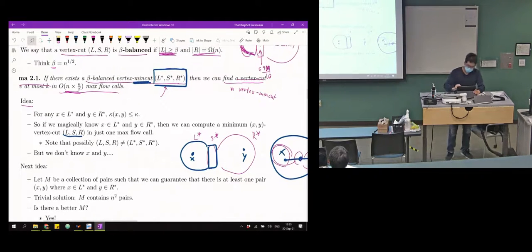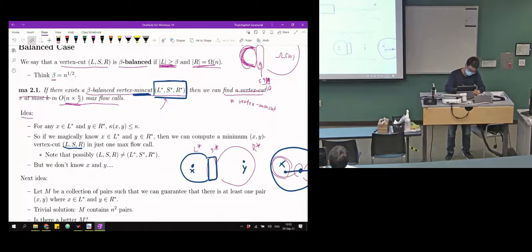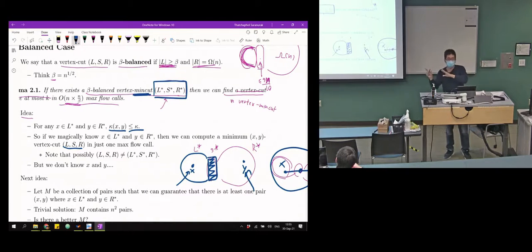Oh, because first of all, kappa of X, Y will be at most kappa, right? Because X is here, Y is here. So if you delete S star, it would separate X and Y. So kappa of X, Y is at most kappa.